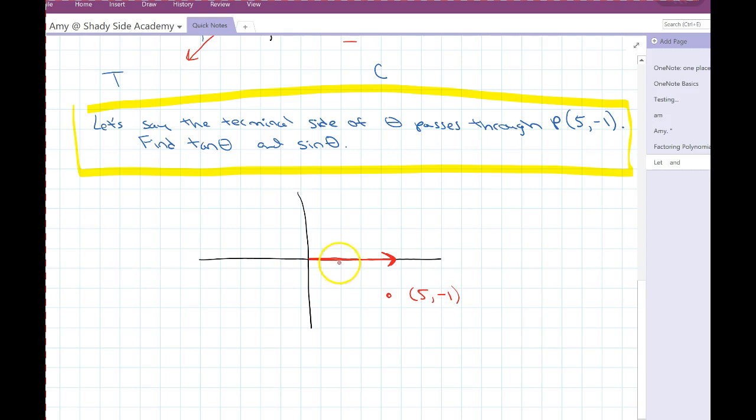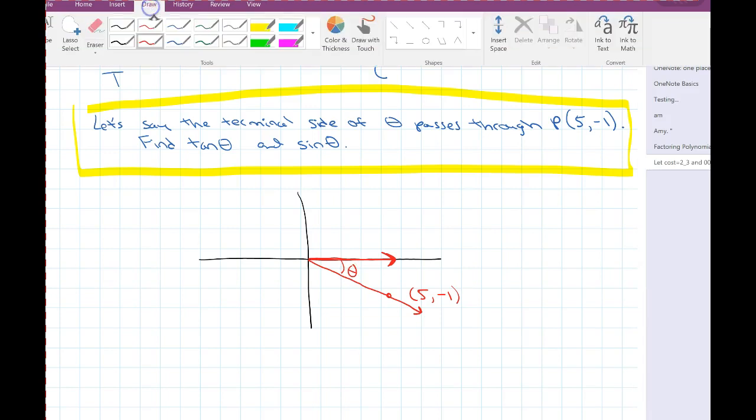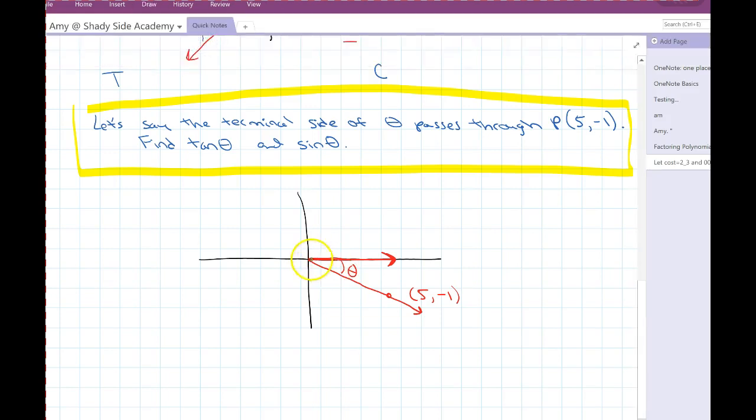But then I have the question. Does she mean that the angle could look like this? Or is it possible that the angle could look like this? All right, the answer is you could have interpreted either of those two angles, the red or the green.